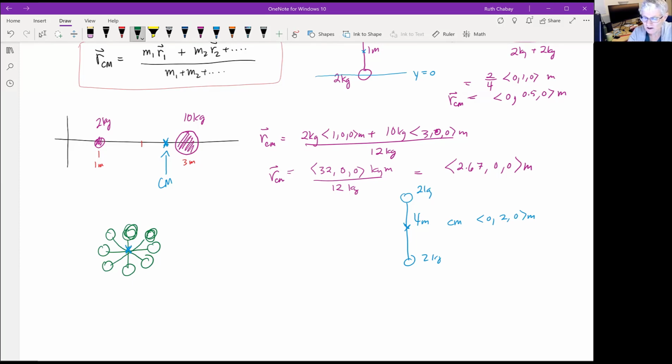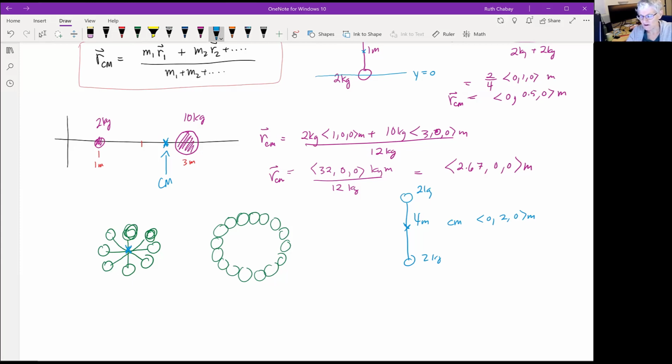But suppose we had instead a hoop. So we had a bunch of objects glued together, making up a hoop, and they're all the same mass.